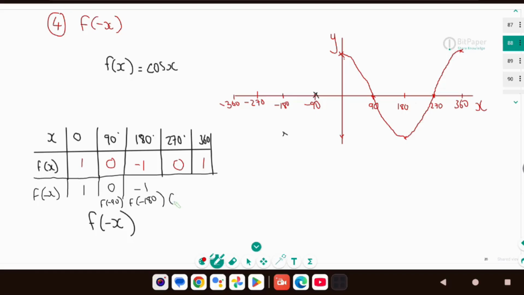F of -270, so cos of -270 is 0. And then we've got f of -360, 1.